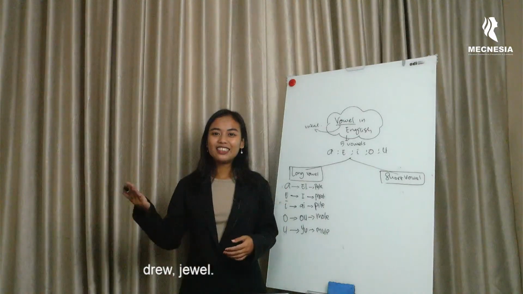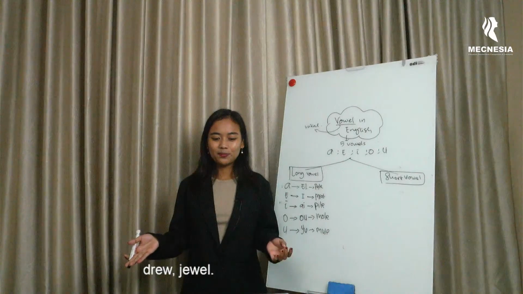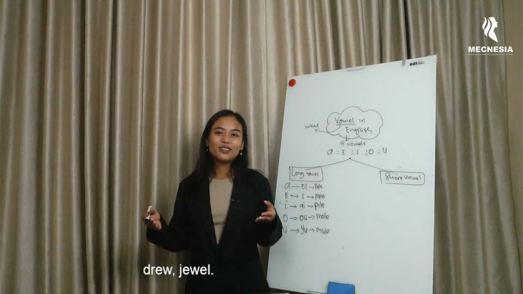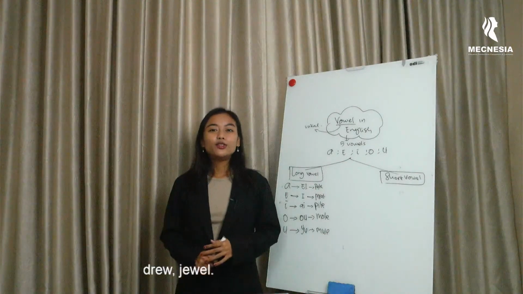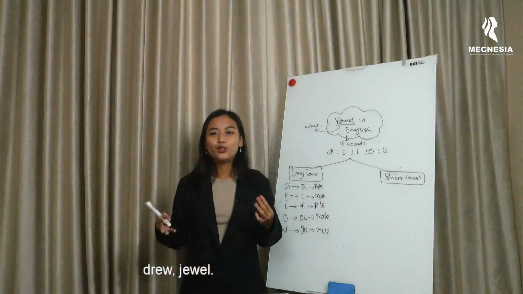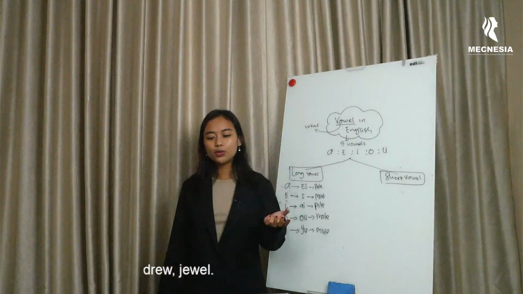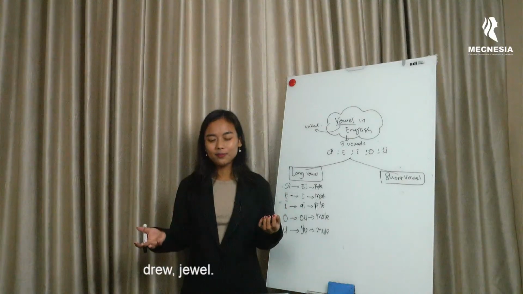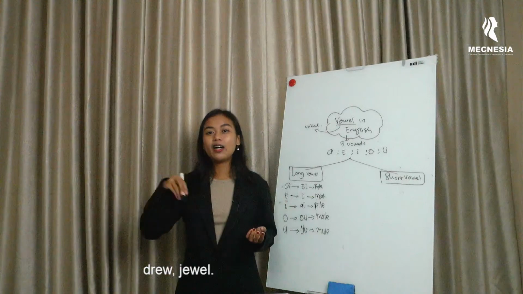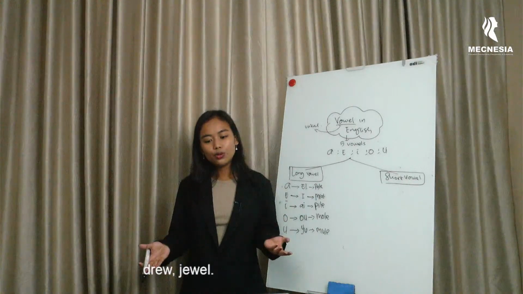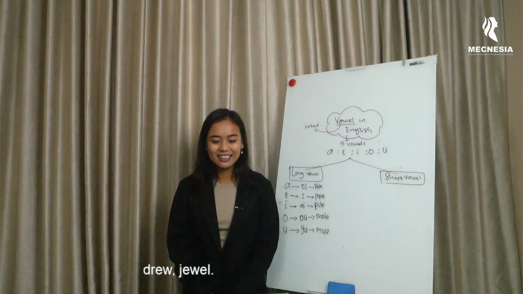Let's try it. Drew. Next, jewel. Jewel. One more time. Jewel. So we have drew and jewel. Drew means menggambar. Jewel means perhiasan.